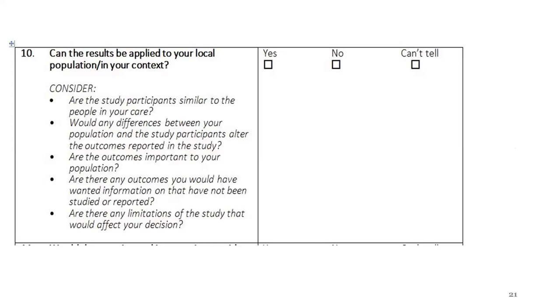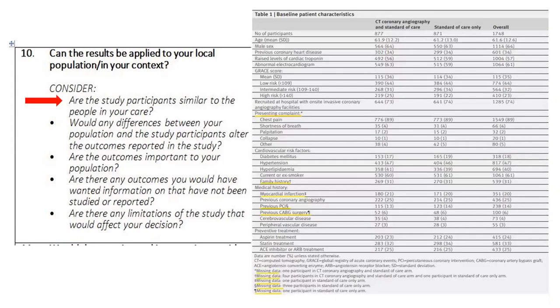First, are the study participants similar to the people in your care? Basically it was done in 27 hospitals across the UK, and our population will be in the UK, in the Doncaster and Bassetlaw Hospital. This is the table of baseline participant characteristics: age wise, sex wise, medical history, presenting complaint, cardiovascular history wise.